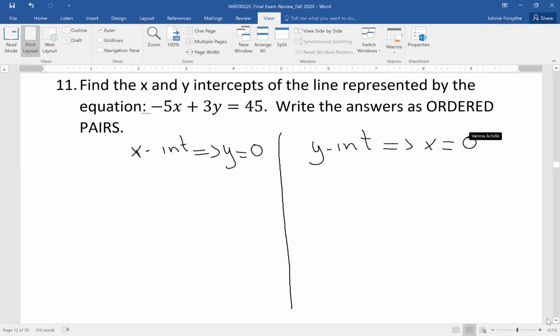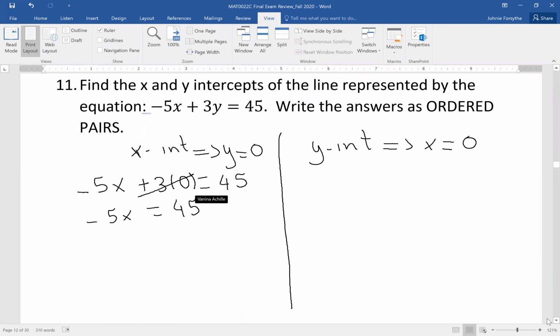So what I'm going to do is write down this equation. Whenever I see y, I'm not going to write y, I'm going to write 0, because that's what you do for the x intercept. So that equals 45. This one is going to cancel, so negative 5x equals 45.